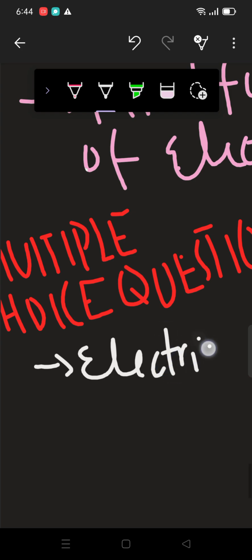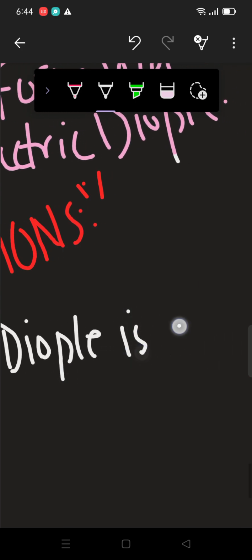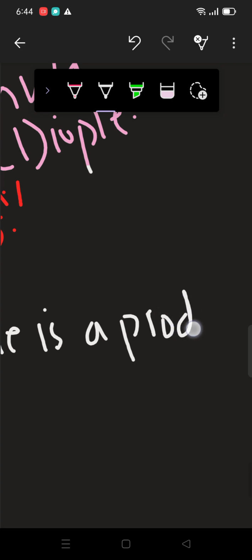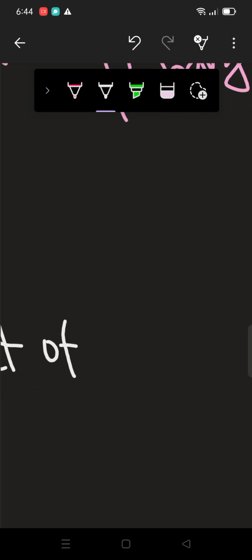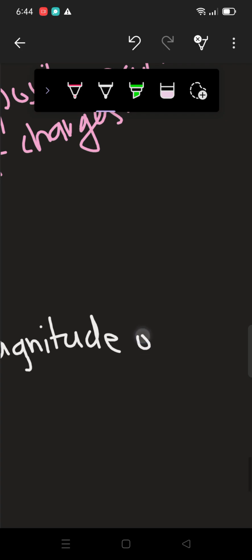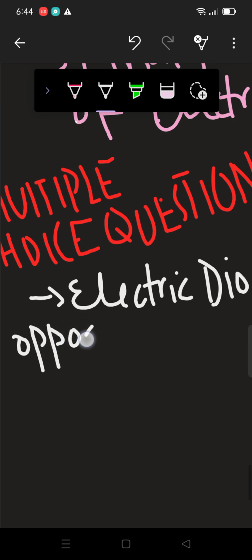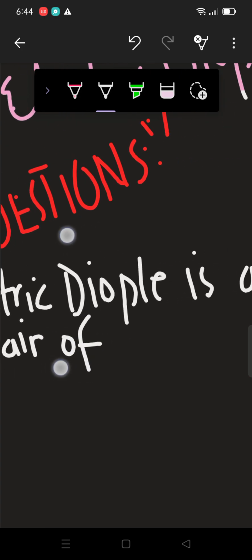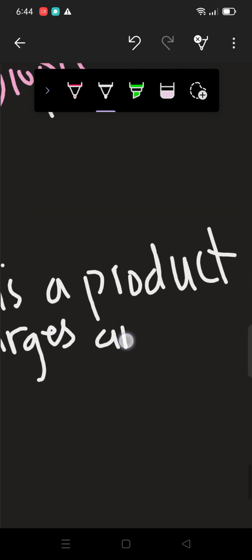The electric dipole is a product of the magnitude of the opposite pair of charges and the displacement between the charges.